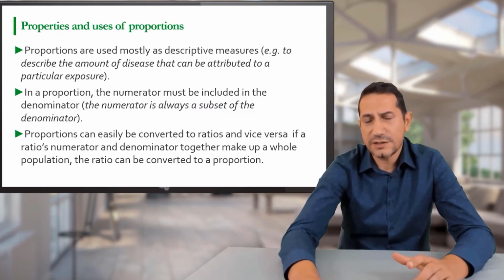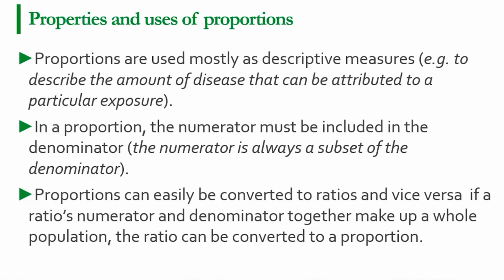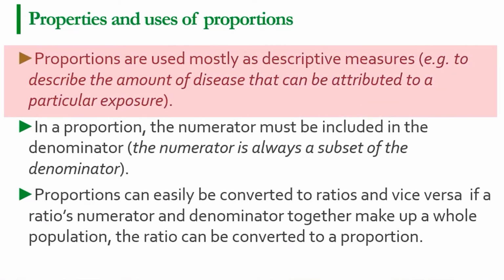Proportions are used mainly as descriptive measures in studies and in describing disease frequency, and show the amount of a disease that can be attributed to a particular exposure.